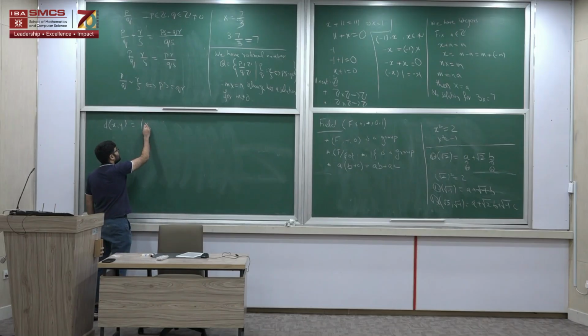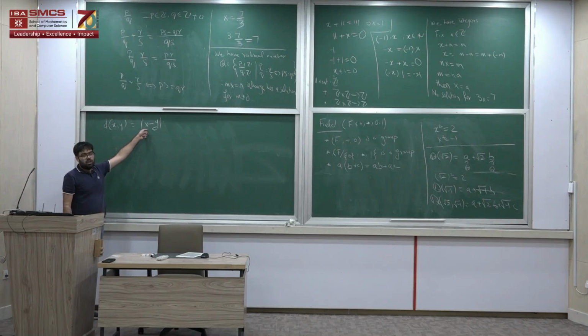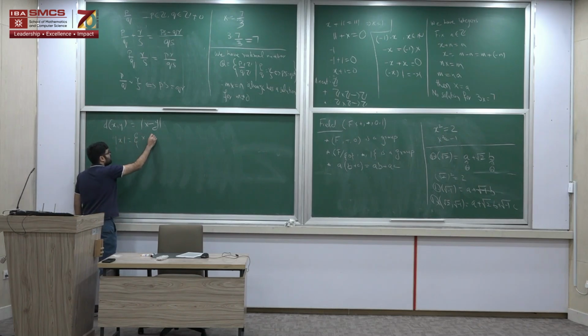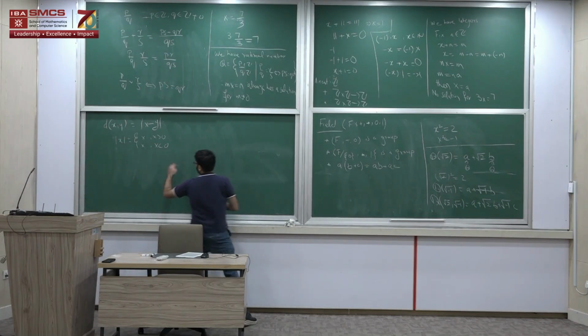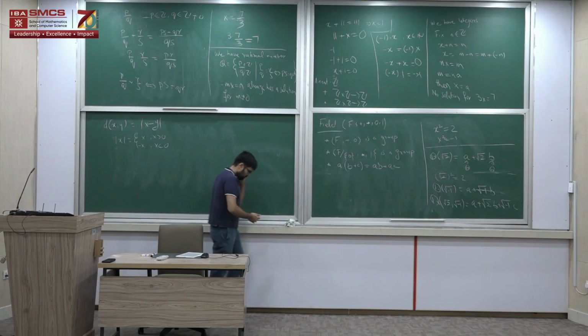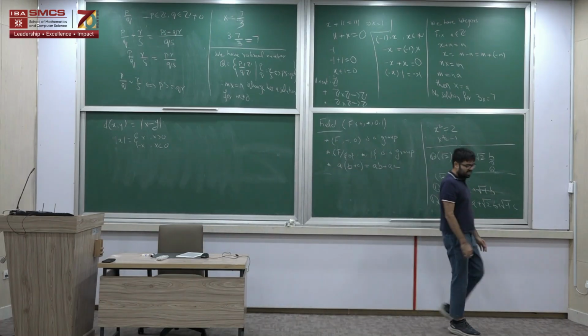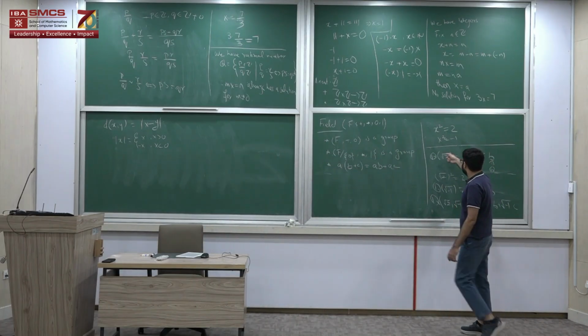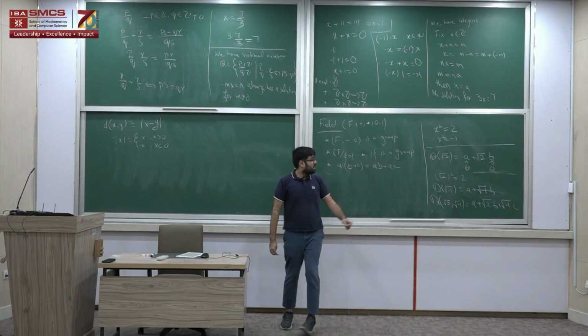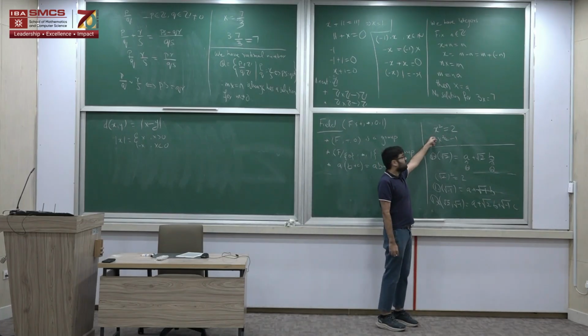We can write it in terms of another function which we call the norm or absolute value, the absolute value of x minus y, and this function itself is just x if x is bigger than 0, and minus x if x is less than 0.